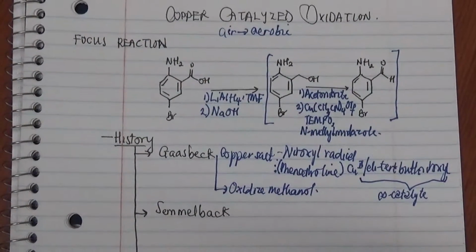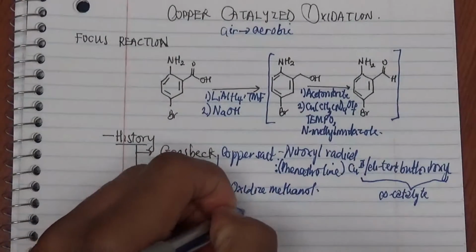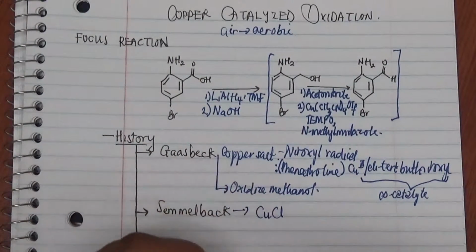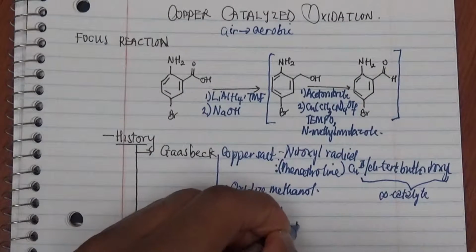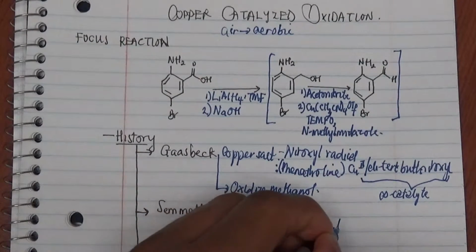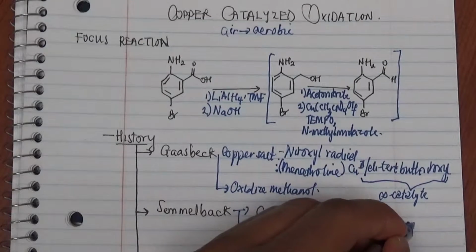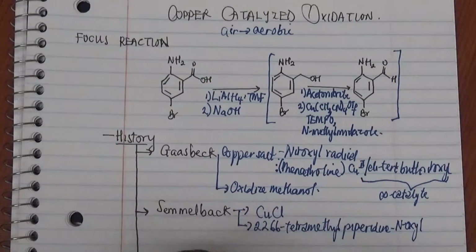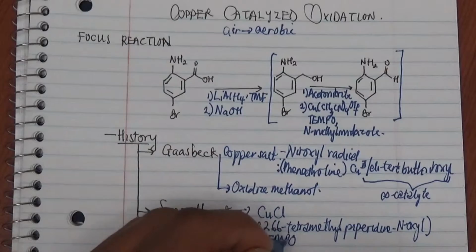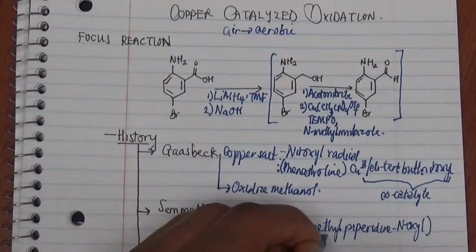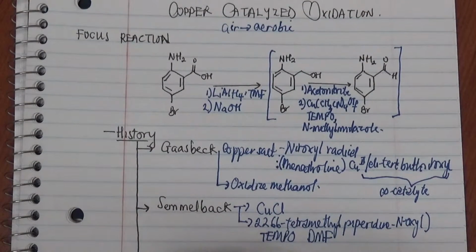On the other side, we have a scientist by the name of Semmelhack. What Semmelhack did was that he used a copper salt called copper chloride and reacted it in the presence of 2,2,6,6-tetramethylpiperidine N-oxyl. This reagent is quite familiar by a short name, TEMPO, and it was done in the presence of DMF, a solvent, also known as dimethylformamide.